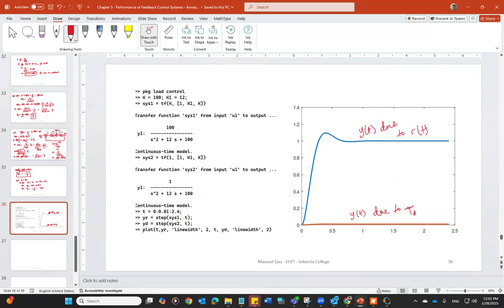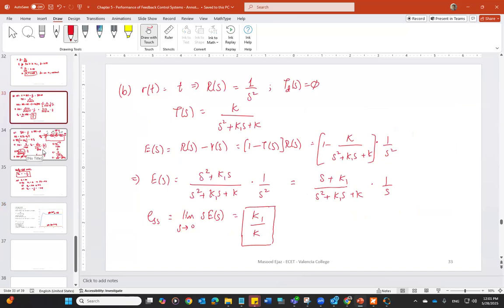So good values. I believe you have 10% overshoot for the input. And the steady state error for the output, what was that steady state error? It's about 12%, I believe, right? Yeah, about 12% steady state error for the output due to the input command.